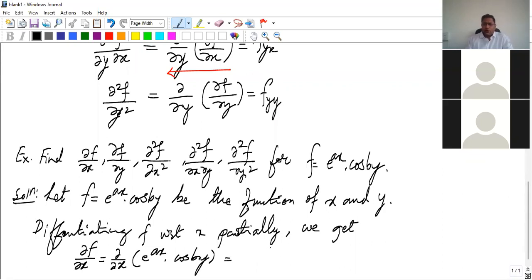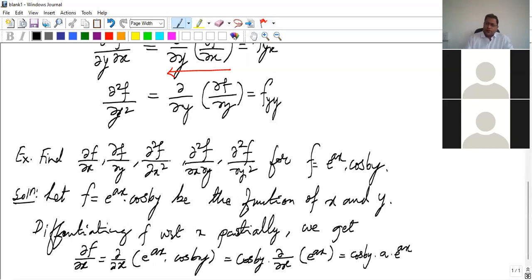When we are finding the derivative with respect to x, y is treated as a constant. So this term contains y, that means cos(by) remains constant, and we'll be having ∂/∂x of e^(ax). We know the derivative of an exponential function, so cos(by) remains as it is, and this is a times e^(ax).